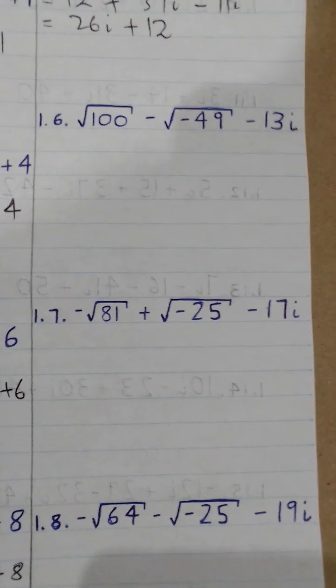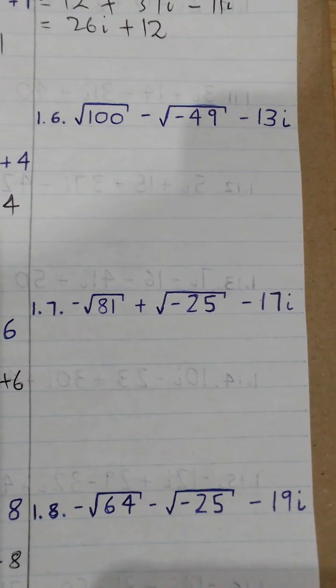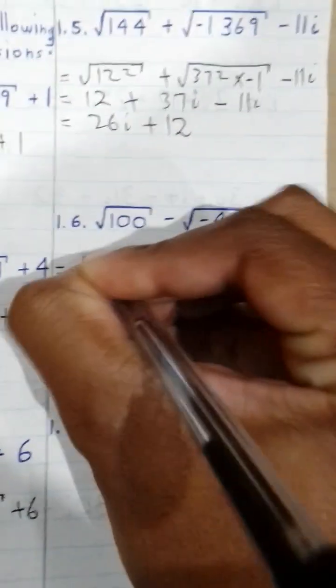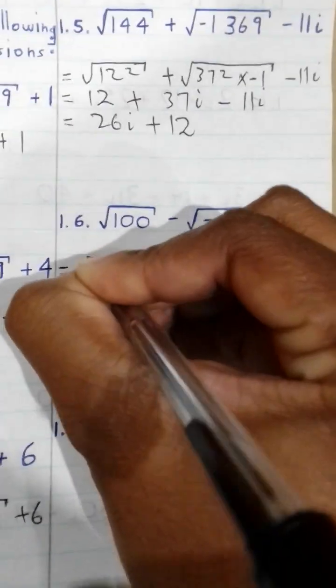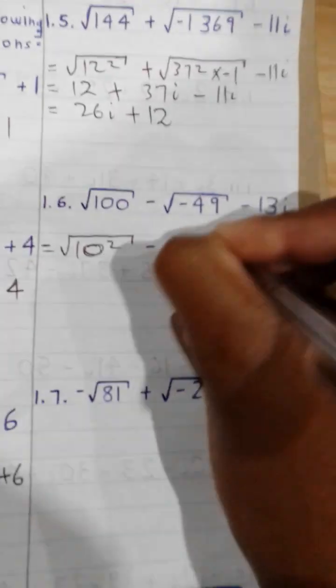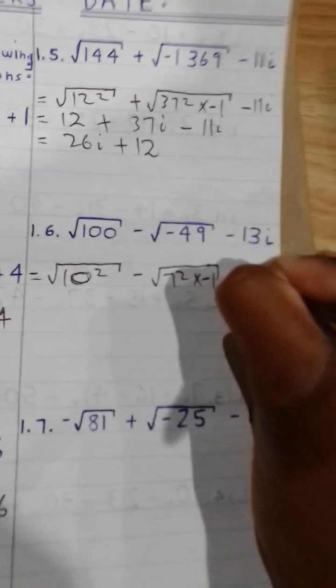1.6: square root of 100 minus square root of negative 49 minus 13i. So how can we write 100? 10 squared, minus 49, 7 squared, times negative 1, and then minus 13i.